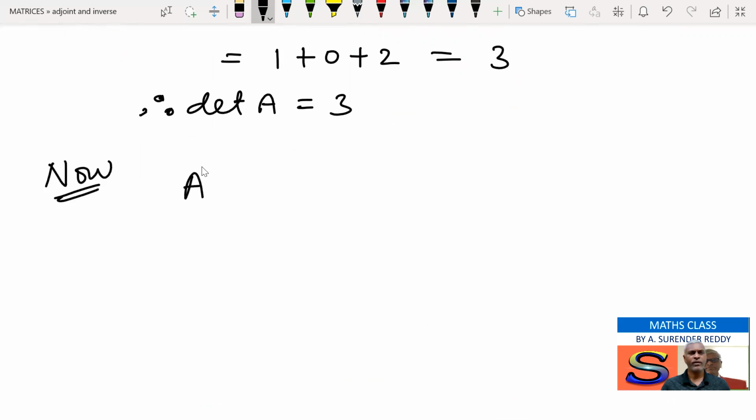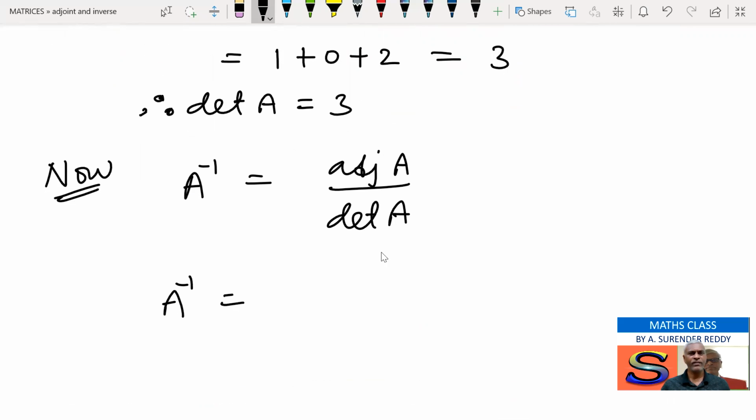So now by definition A inverse is equal to adjoint A by det A. So therefore here let us write adjoint: 1, 4, minus 2, minus 2, minus 5, 4, 1, minus 2, 1.